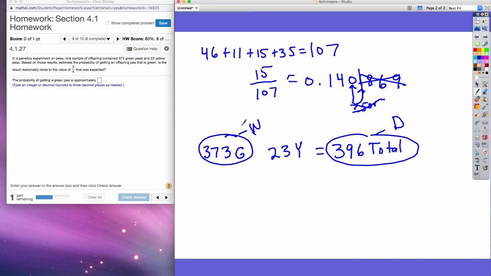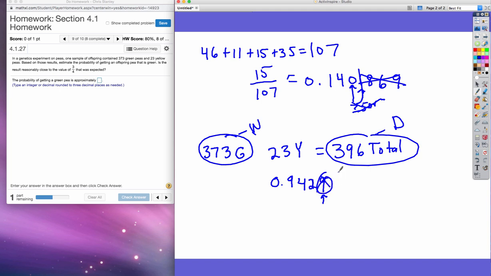I'm just going to put this in my calculator. It's 373 over 396, and I get 0.9419. Round to 3 decimals. So I went to 4 just because this is the one I need to check. Since that's 5 or more, I'm going to change this to a 2.